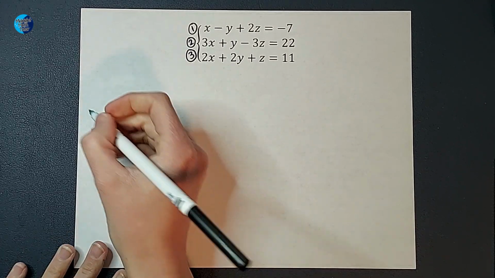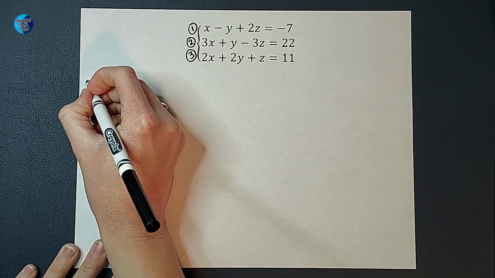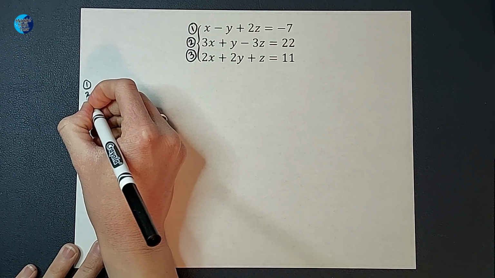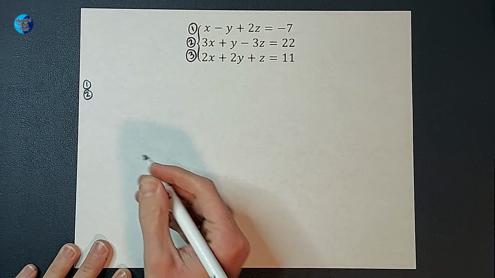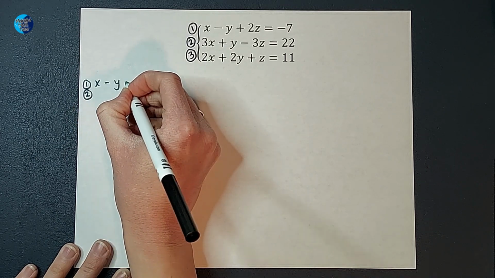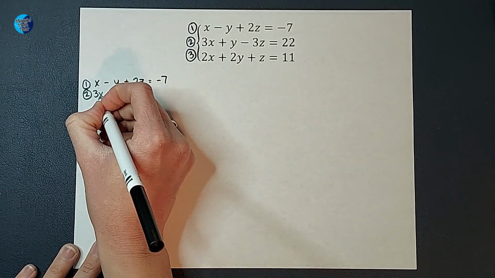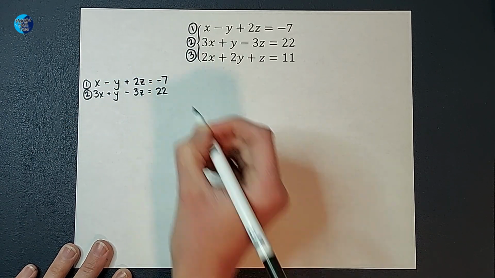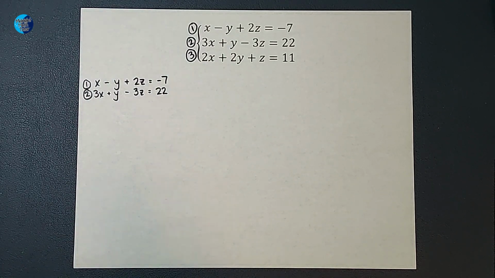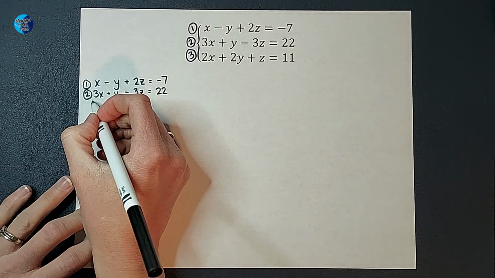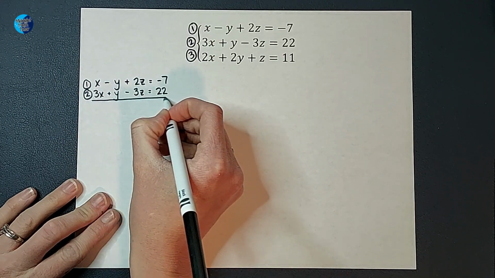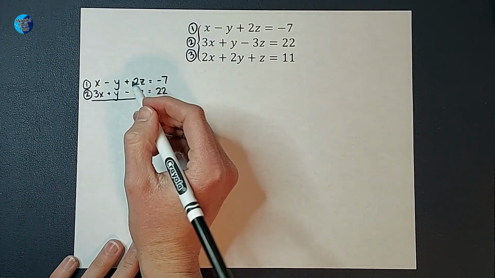I'm going to take equation 1 and equation 2 and combine them together. So I'm just going to write them over here really fast. There they are, and I'm going to combine these. Now I can do this because it's a system of equations. Let's see what happens.